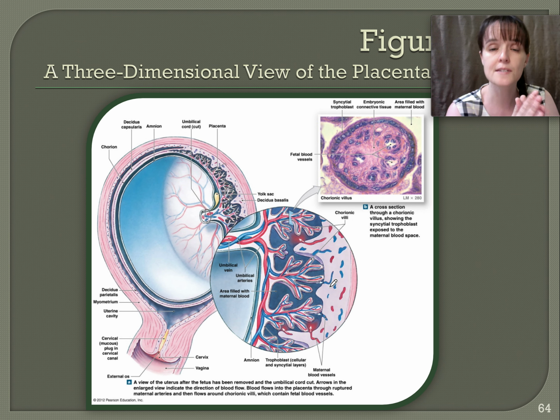What crosses are the gases, the nutrients, the waste, some antibodies, and lots of toxins. So it's during pregnancy that many women find that they want to be more cautious about what chemicals they interact with. I mean, everything's a chemical. Water's a chemical. You want to interact with water to a degree. Don't drown in it.